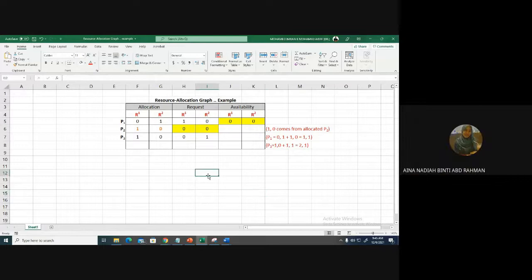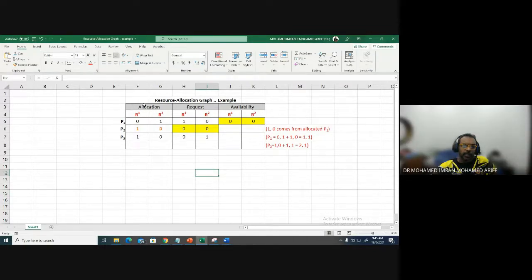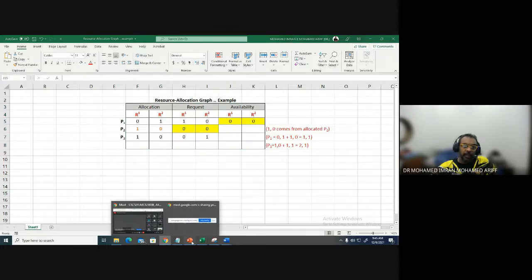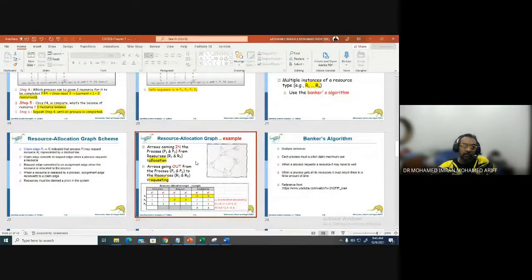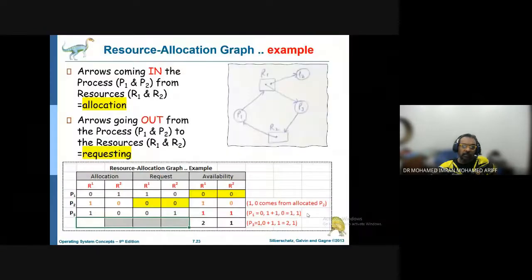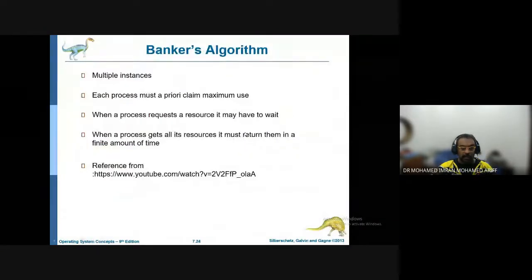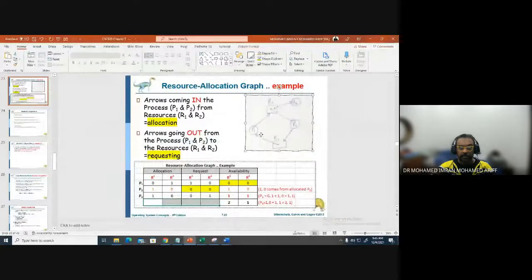Yes, sir. Okay, good. So this is what you have been given based on this diagram. Sekejap, saya cuba copy this diagram sekejap.